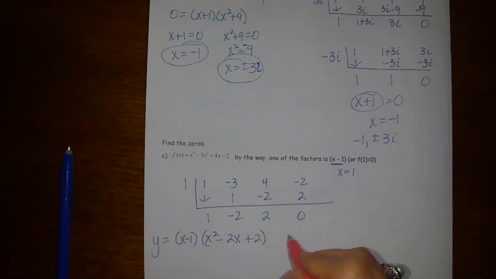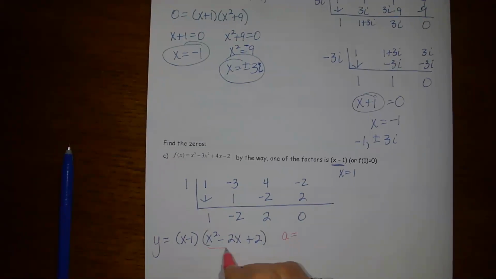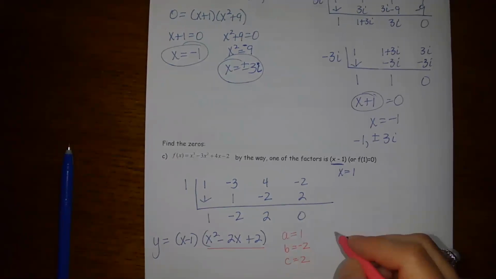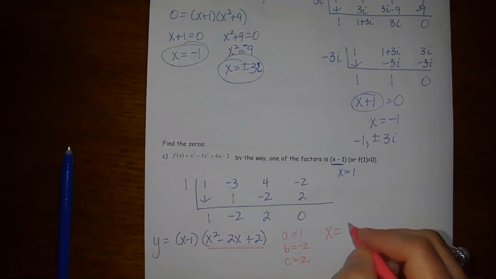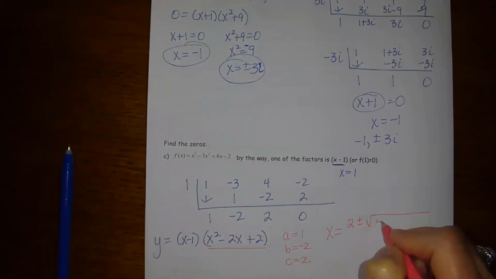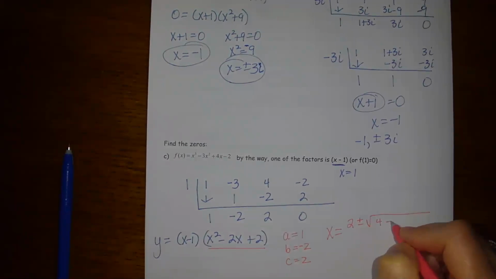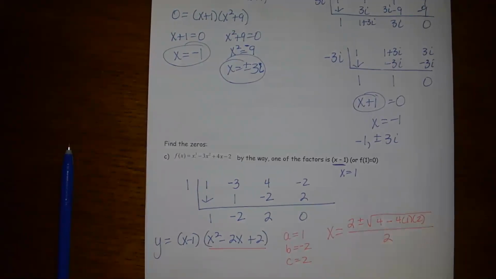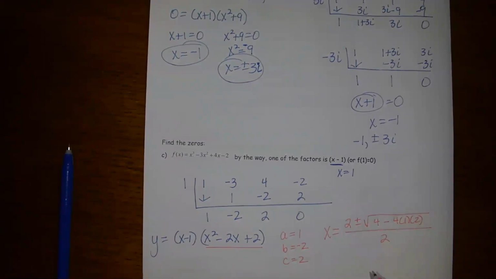So what is A? 1, B, negative 2, C is 2. So what? x equals what? Negative B. So it's the opposite of B, plus or minus the square root of B squared minus 4 times A times C, all over 2 times A, right?